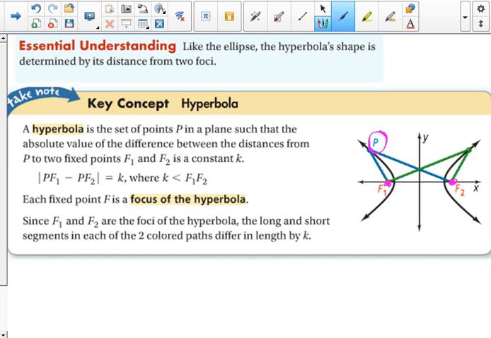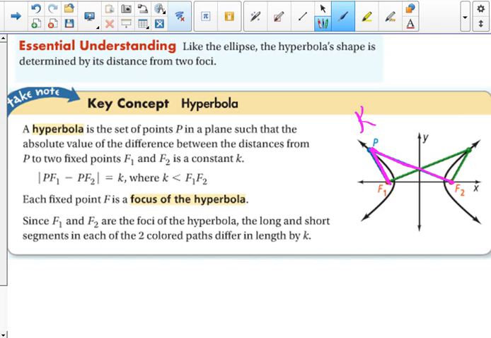So you could replace that word with distance, such that the distances from P to 2 fixed points, F1 and F2, remain a constant, K. So if I do that and that, and we subtract those 2 lengths, we're going to be left with the difference of K.